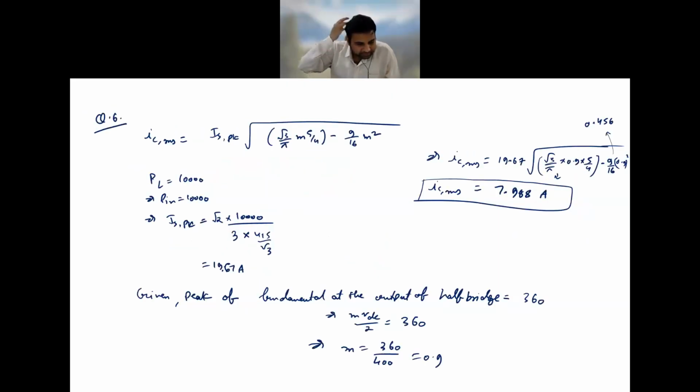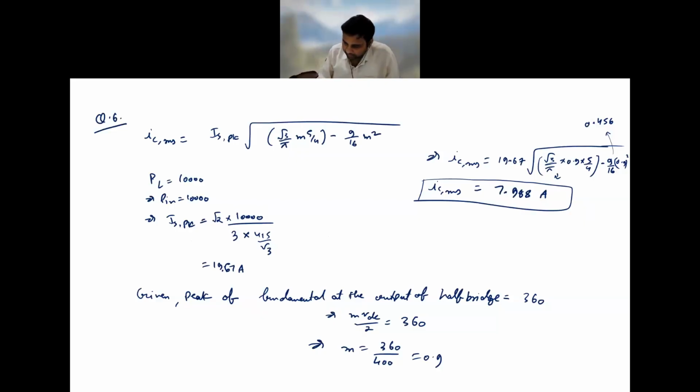Then question number 6. In question number 6, the problem is given, and it is given that the peak of the fundamental component of output of half bridge is equal to 360 volt. They have provided that.